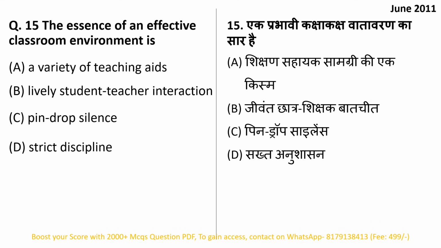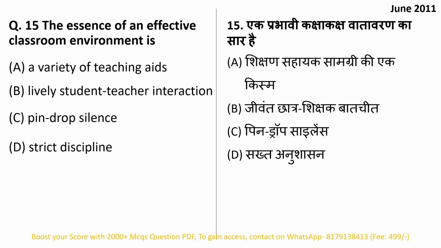Okay, the essence of an effective classroom communication is, the question is asking what makes a classroom environment effective. Options are a variety of teaching aids, lively student teacher interaction, pin drop silence, or student discipline.